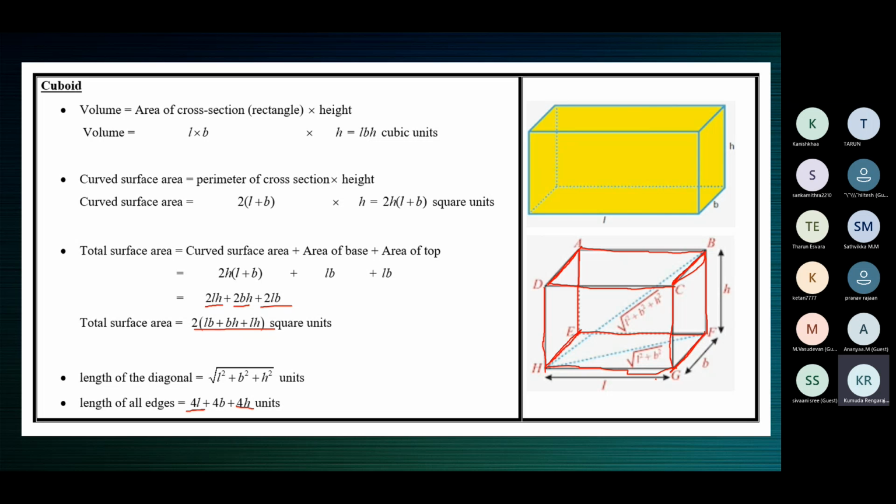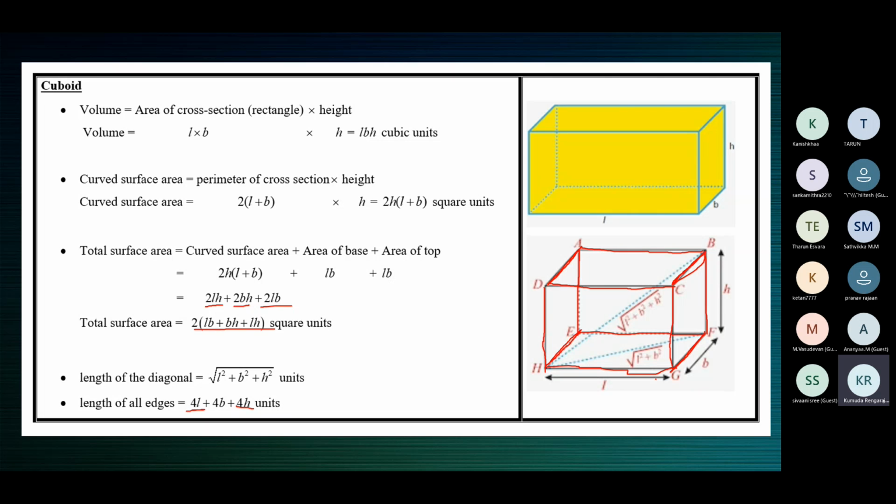And since length, breadth, height all may have different measures, you cannot add everything. 4L, we have 4 edges along the length, 4 edges along the breadth, 4 edges along the height. So it's like L plus L plus L plus L. L taken 4 times, B taken 4 times, H taken 4 times.